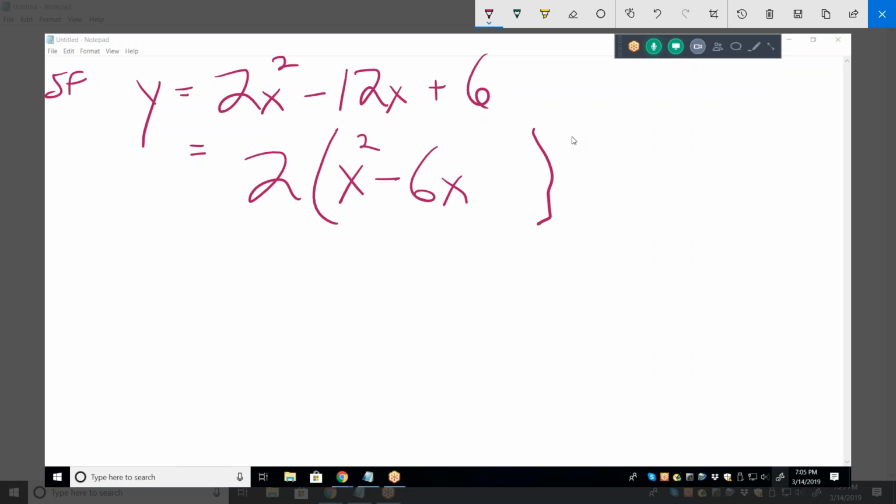If I'm going to complete the square, I want to isolate the x squared and the x term. Notice I haven't changed anything. Right? All right. I multiply everything back together again, I got exactly what I started with. Okay.